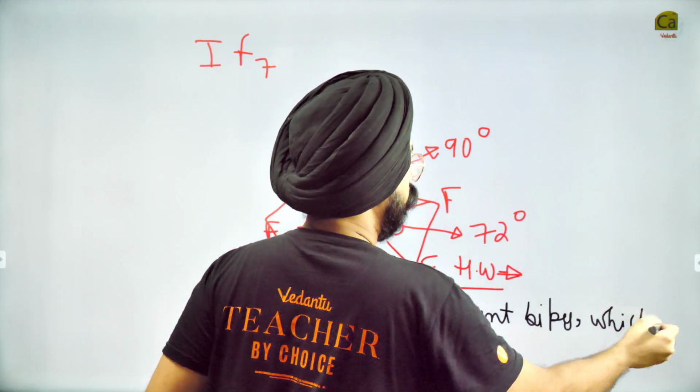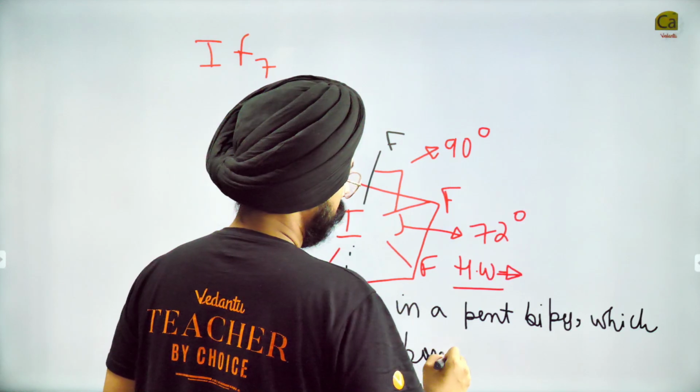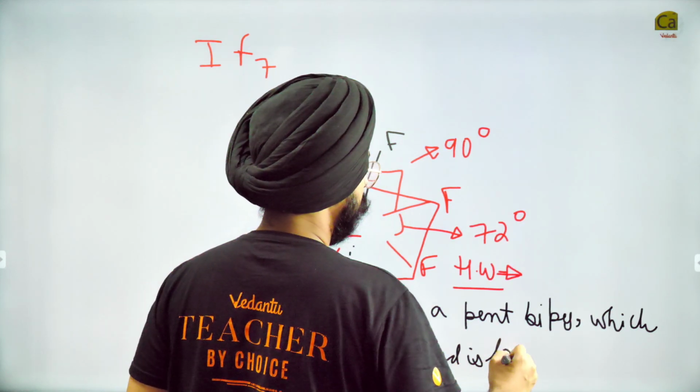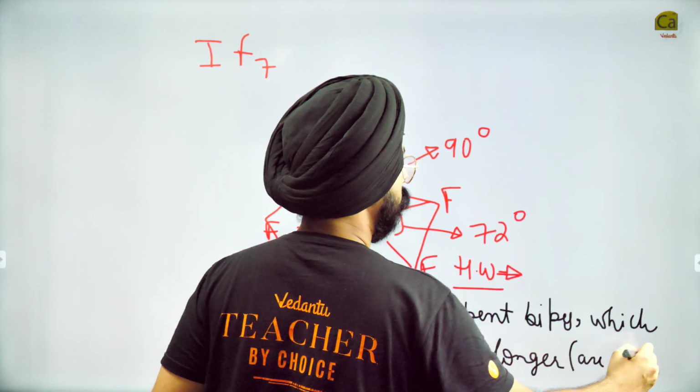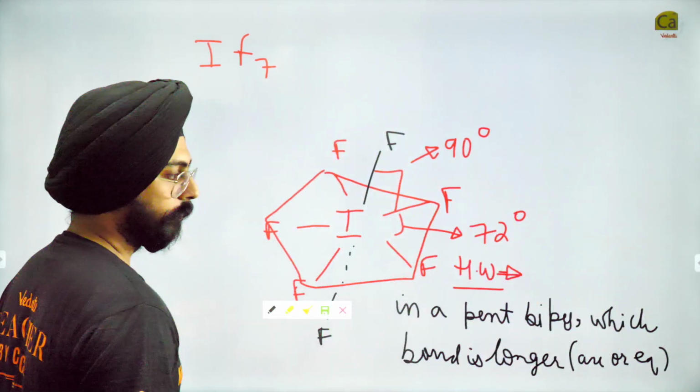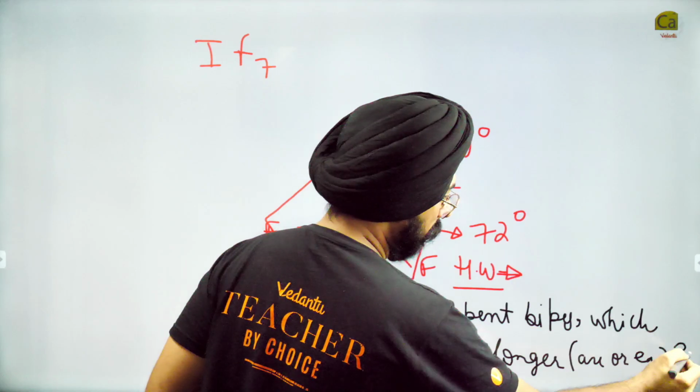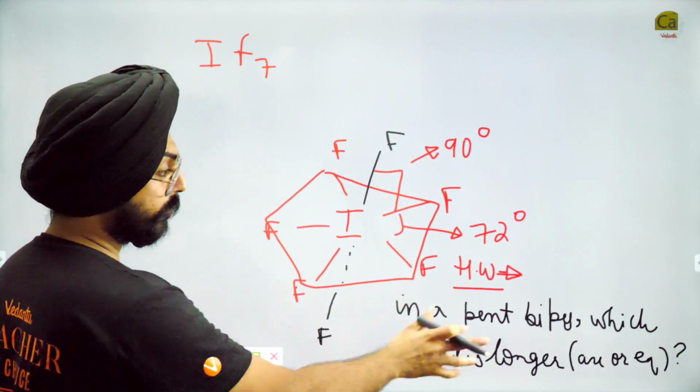In a pentagonal bipyramidal system, which bond is longer, axial or equatorial?